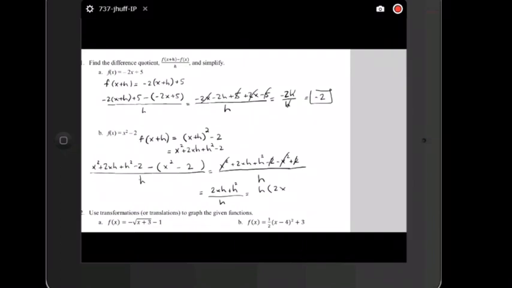There we go. Apologize, but that should be an h squared, this term, which makes that an h squared. Okay, so now we have 2x plus h divided by h. So the difference quotient for 1b is 2x plus h.